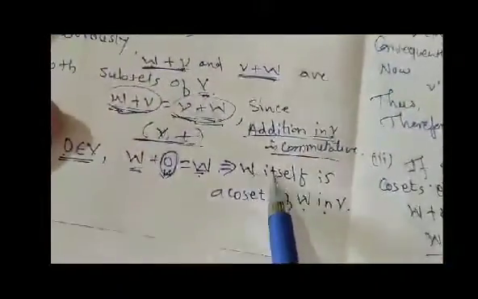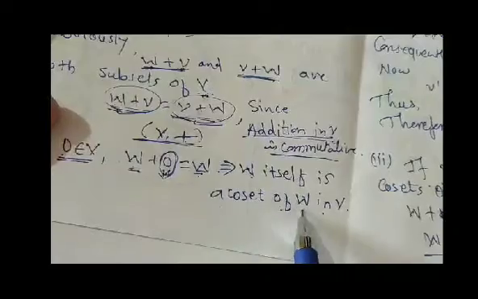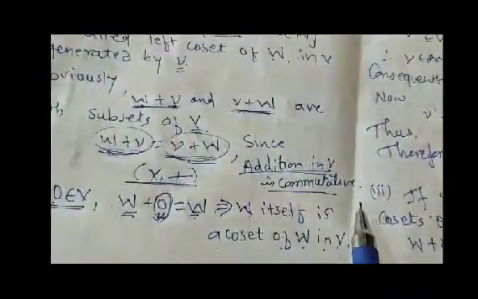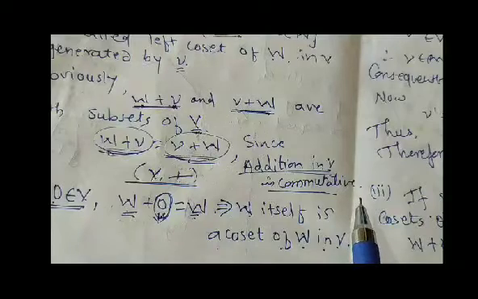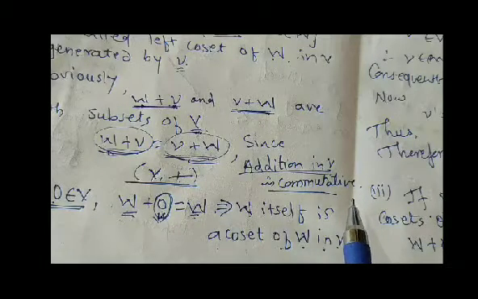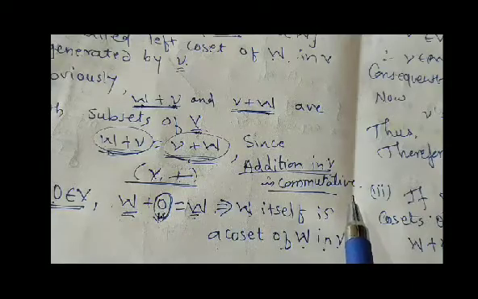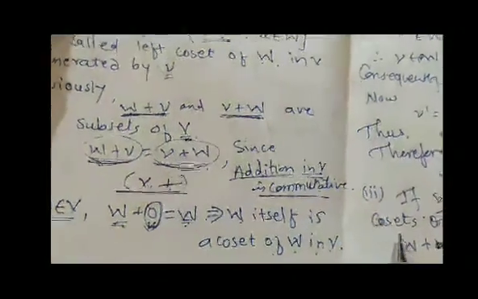Therefore W itself is a coset of W in V, meaning that every subspace of a vector space is a coset of W in V.